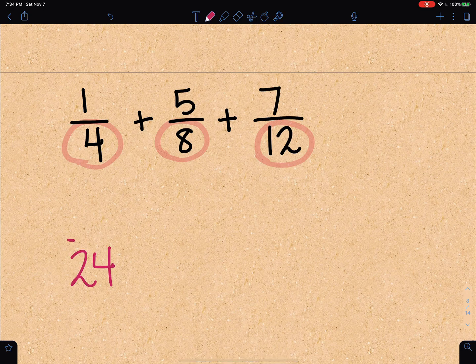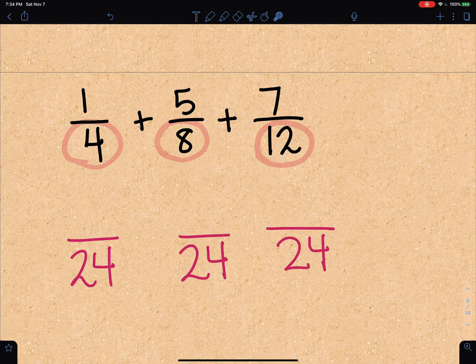So I turn all of these numbers into something over 24 before I add them. If I turn 1/4 into something over 24, I have to do 4 times 6. That means I have to multiply the numerator by 6, 6 over 24. What about the second one? Now, I have to multiply 8 by 3 to get 24, so I have to multiply the numerator by 3. 5 times 3, 15.